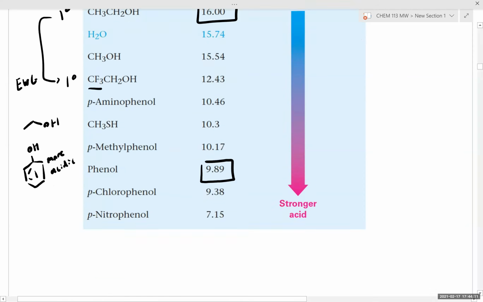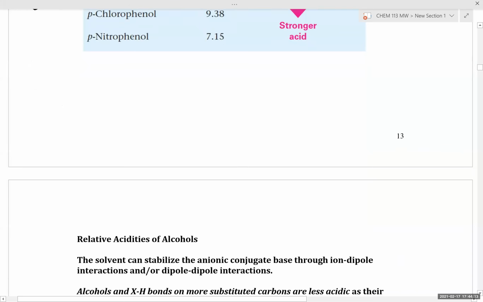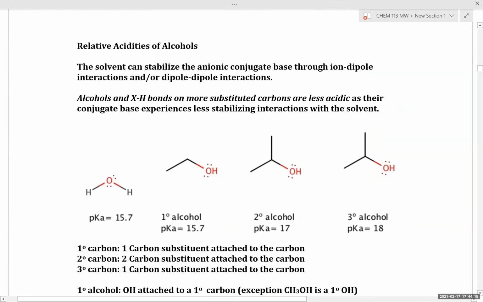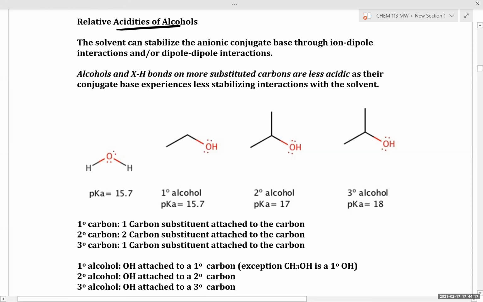Okay, so let's start unpacking each of these trends, and let's look first at the relative acidities of alcohols. Now, one important thing to note is that the solvent can stabilize the anionic conjugate base through ion-dipole interactions and or dipole-dipole interactions. So, for example, suppose you have a generic base.